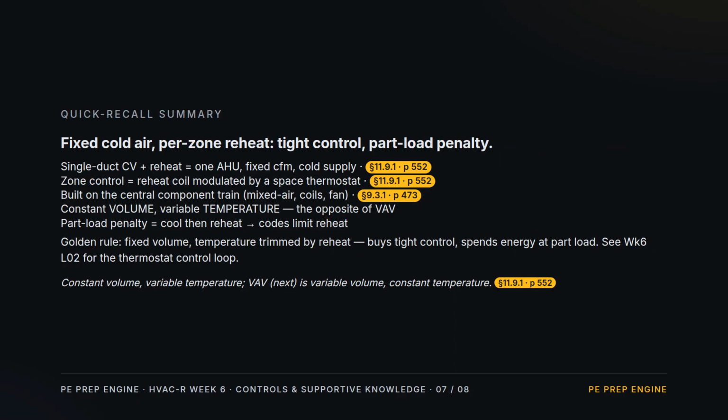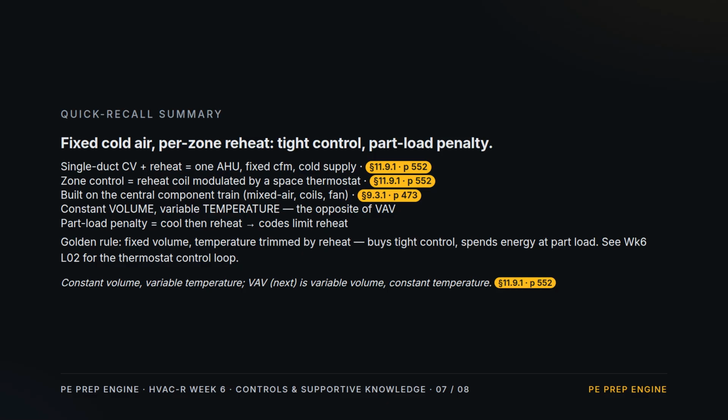Quick recall: single duct constant volume reheat is one air handler delivering a fixed volume of cold air, with each zone's reheat coil modulated by a space thermostat. It's built on the standard central component train, mixed air section, coils, fan. The signature: constant volume, variable temperature, the opposite of VAV.